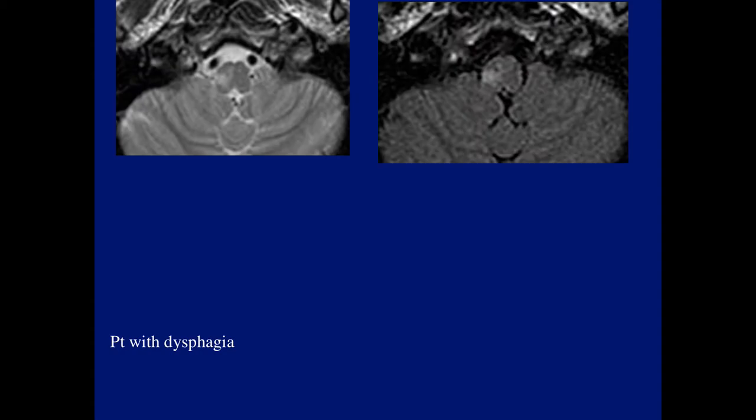Here's a patient with dysphagia. Anybody see any abnormality? Correct. As Asif says, on the right side, we see abnormal signal on the T2 and the FLAIR image. Patient has dysphagia.